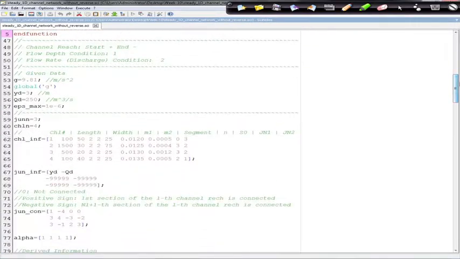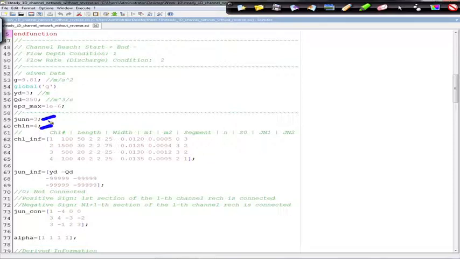Now, let us start with this channel reach. Channel reach starting is plus, ending is minus, flow depth is 1, flow discharge is 2, G is 9.81, G is global, YD is 3, QD is 250, epsilon max, required for iteration, is 1 into 10 to the power minus 6. Junction number is 3 and channel number is 4.